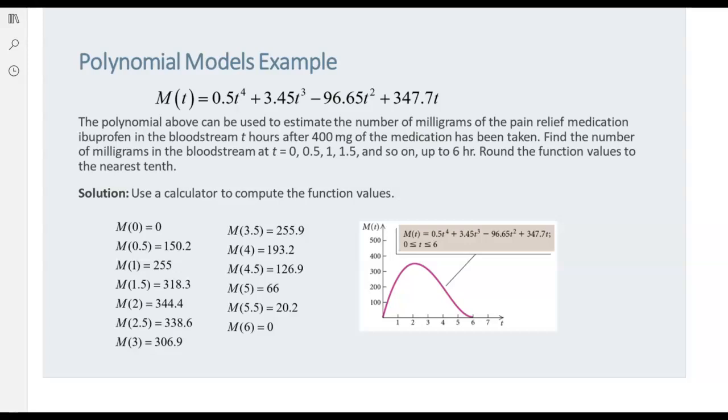It looks like about 2 hours after taking the medication, the amount of pain relief is probably at its maximum, and then it sort of tapers off to the 6-hour point. In this particular example, they just plugged in a number of various points, 0, 0.5, 1, just to get a rough sketch of the graph. In our class, though, we'll be using Desmos to get a graph like this, so you don't need to really worry about plugging all of these individual points into a calculator.